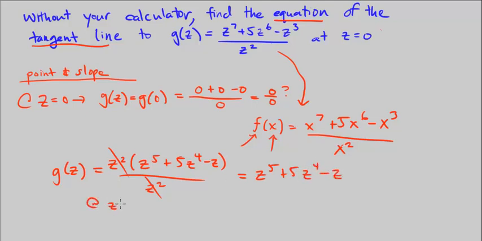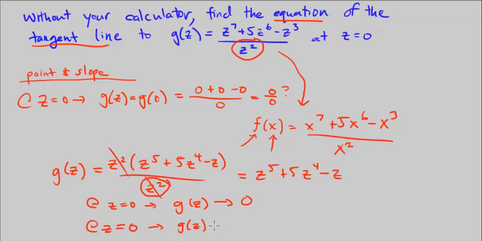So at z is equal to 0, g of z approaches, if we plug that in, 0, right? But since the original function has z in the denominator, at z equals 0, g of 0 is really undefined.